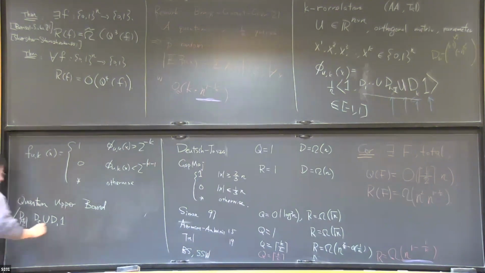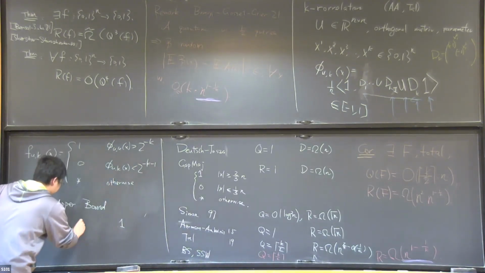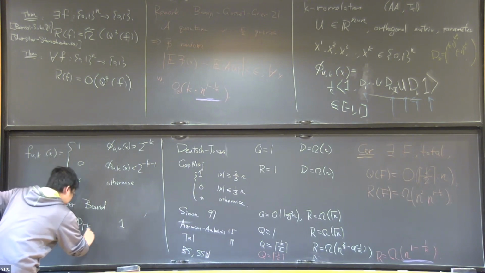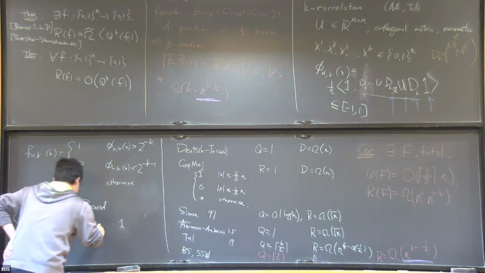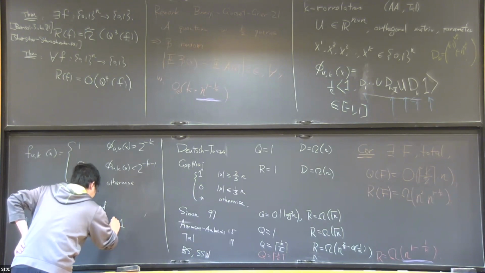You take the inner product with the other parts of your diagonal matrix.